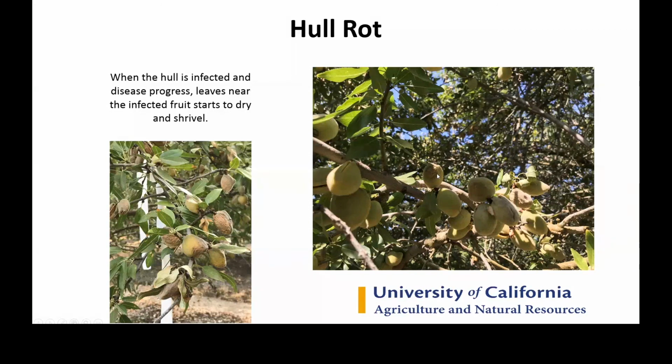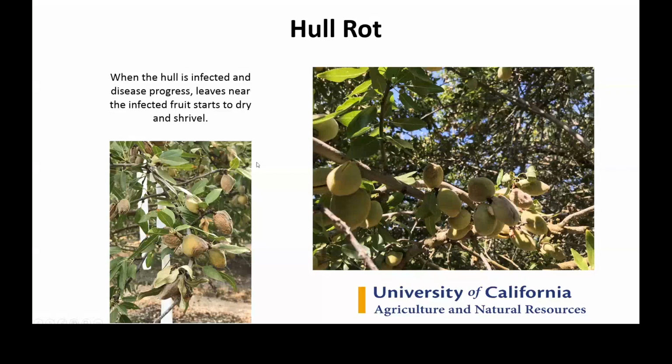As the fungus is growing between the hull and the shell, the fungus, for example Rhizopus stolonifer, will start producing a pathogenicity factor, in this case fumaric acid. The fumaric acid will start moving into the vascular system, and we'll start seeing shriveling of the leaves. So you can see here how the leaves are shriveled compared to the healthy lush leaf on the left here.